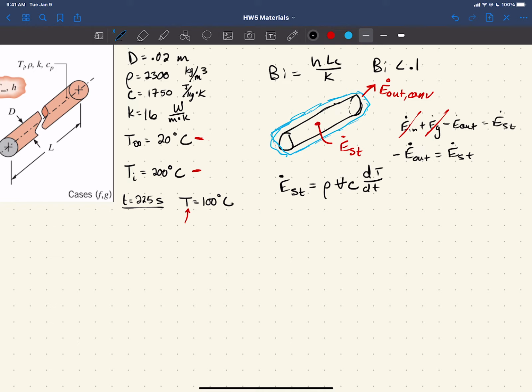But if you were stuck, you could piece it together by looking at the units. You have kilograms per meter cubed times meters cubed times joules per kilogram Kelvin, and then dT/dt, which is Kelvin over seconds. The Kelvin cancels, kilograms cancel, meters cubed cancel, and you're just left with joules over seconds, which are watts.